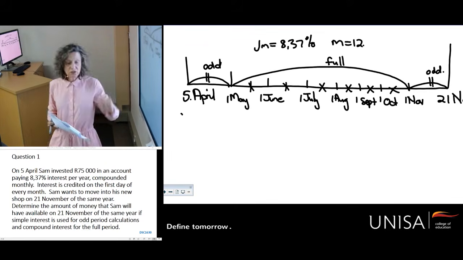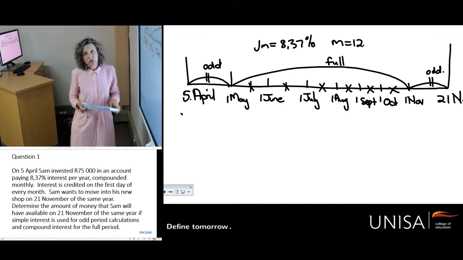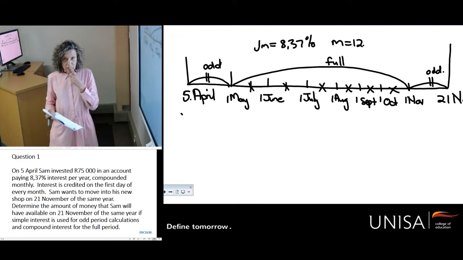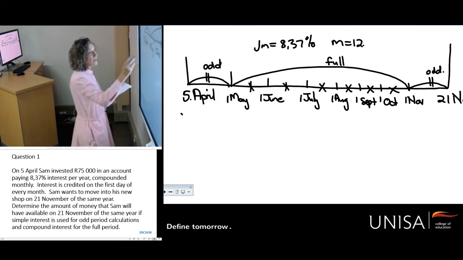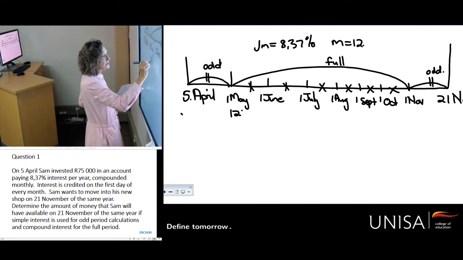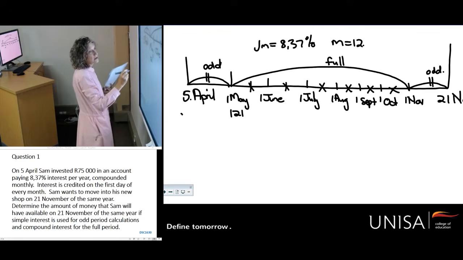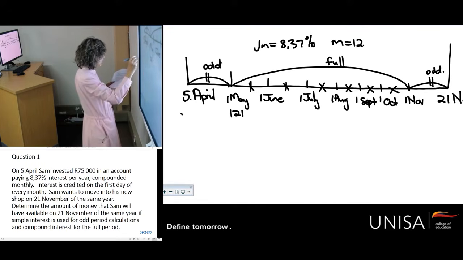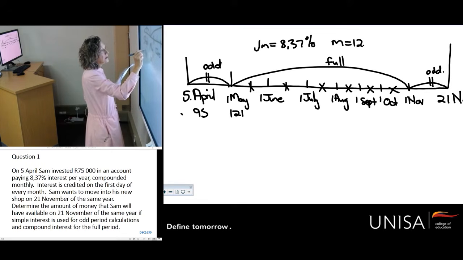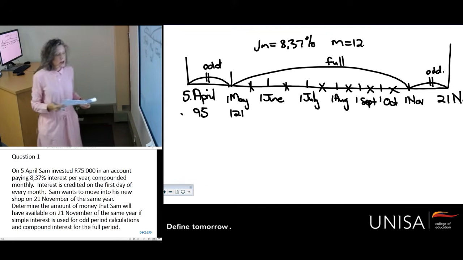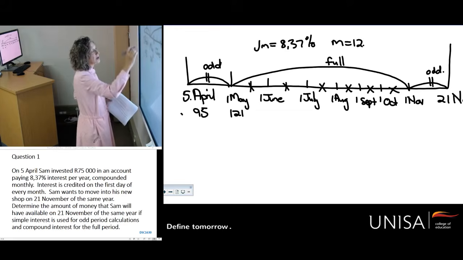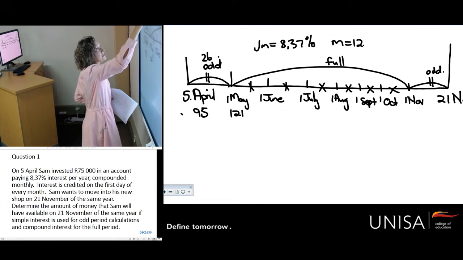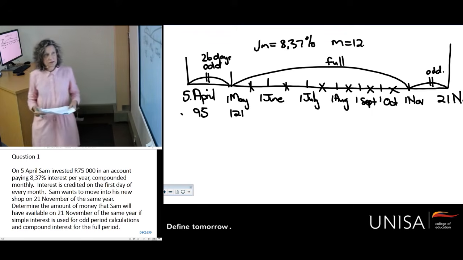Either your fingers, or what is easier is your date table. Right, and remember in the exam you will be receiving the date table as well. So the 1st of May, if you look at the date table, is the date 121, and April is 95. So the difference between these two, 121 minus 95, gives us that our first of odd periods is 26 days.